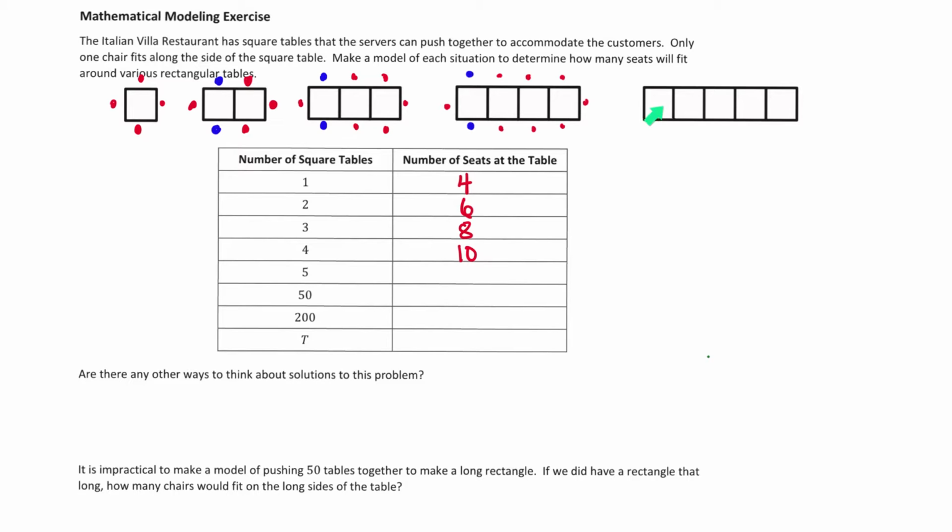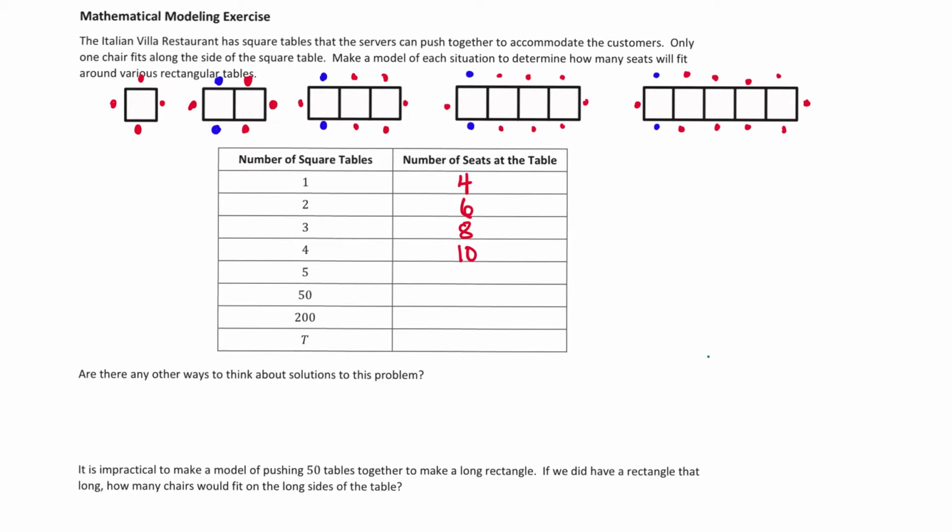Now we're going to add 1, 2, 3, 4, 5 squares, and we're going to see how many seats or people we can accommodate. So the first 2, and then 4, 6, 8, 10, and then the new 2 for the additional square that we added.